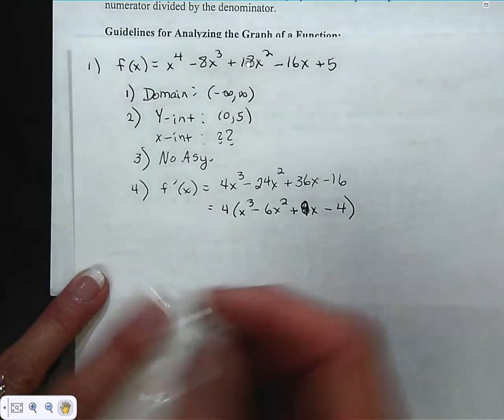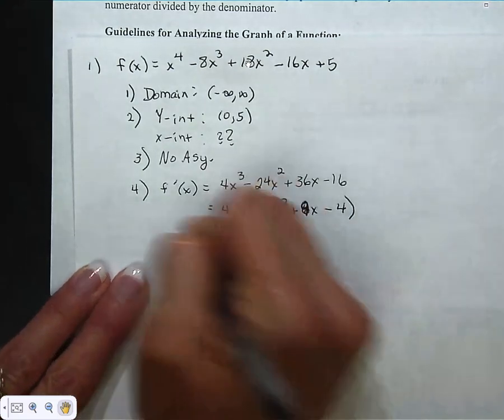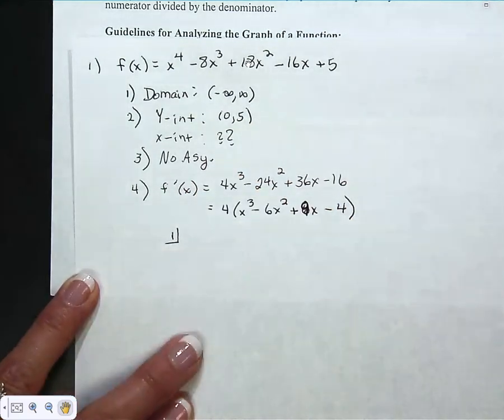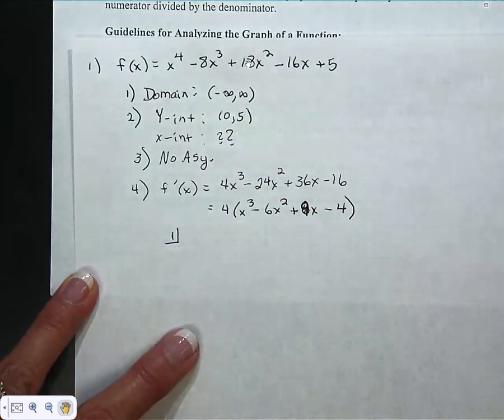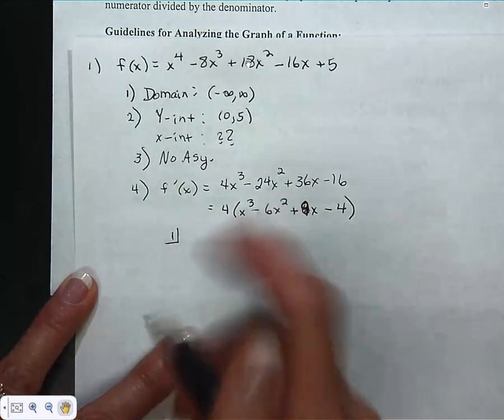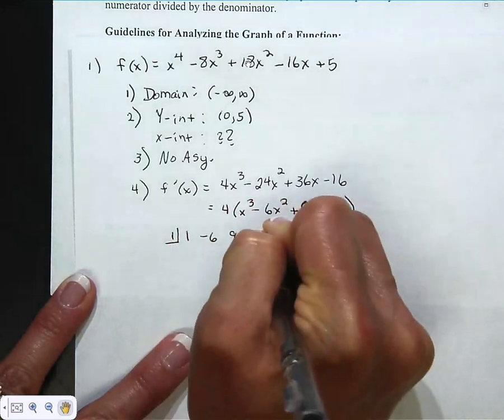So if we see that 1 is a 0 of that function, that means I can do synthetic division with 1 in the box, and I better get 0 for a remainder, or else I'm wrong about 1 being a 0 of that derivative. Out beside the box, those coefficients: 1, -6, 9, -4.